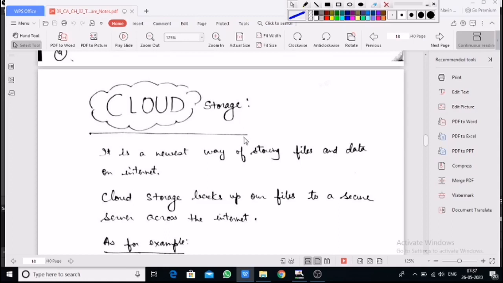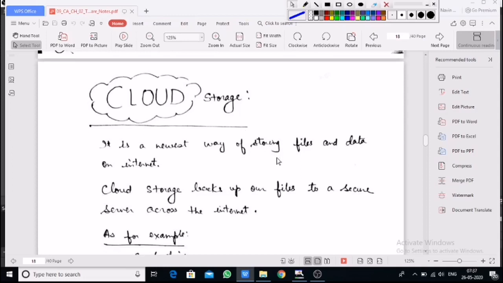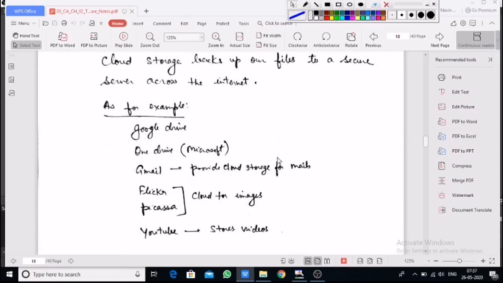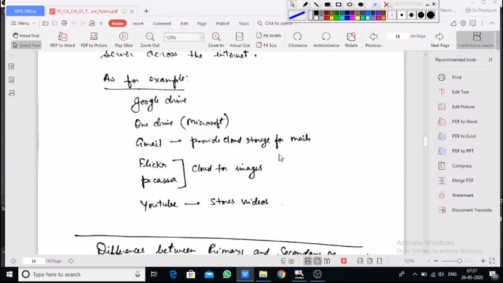Now we have been using this cloud storage for a long time, like Gmail, which we are using. Gmail is also an example of cloud storage. There our data remains safe. All mails we store in Gmail also, right? So other examples of cloud are Google Drive, OneDrive, Gmail.